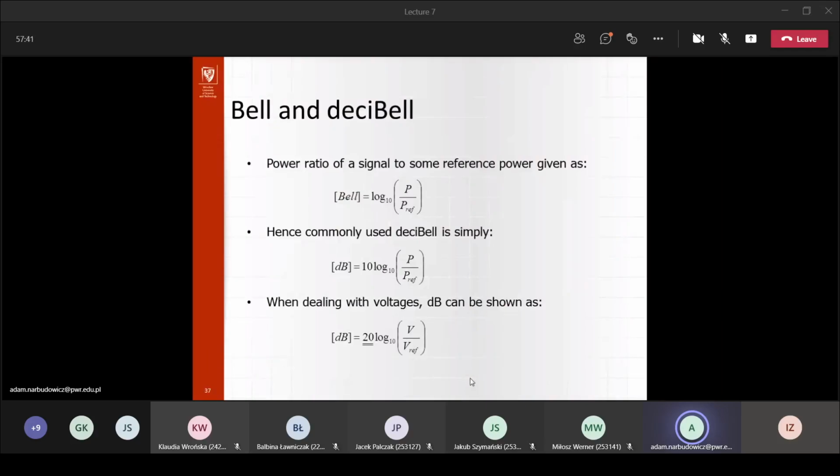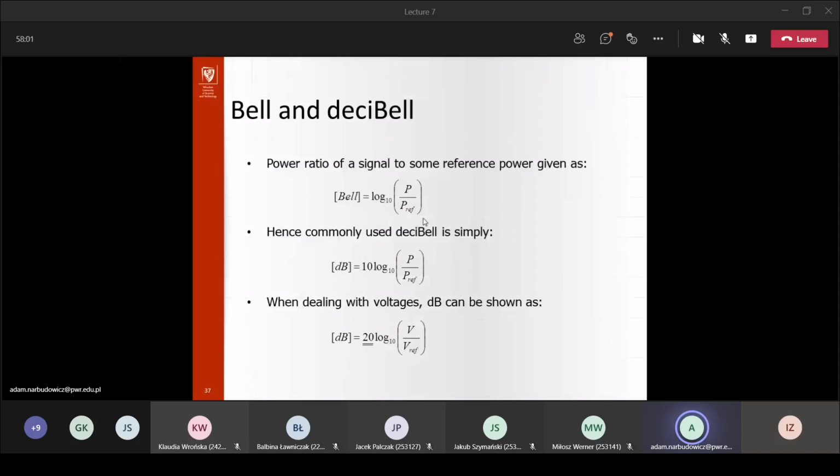Okay, so typically when we have the power ratio, the bel or decibel is the power ratio of a signal to some reference power, right? Typically we would use either 1 watt or 1 microwatt.